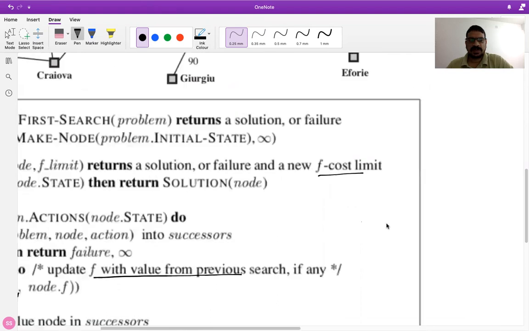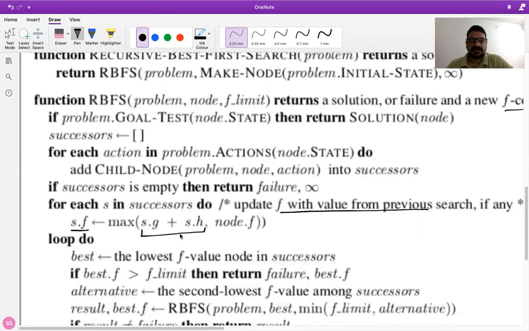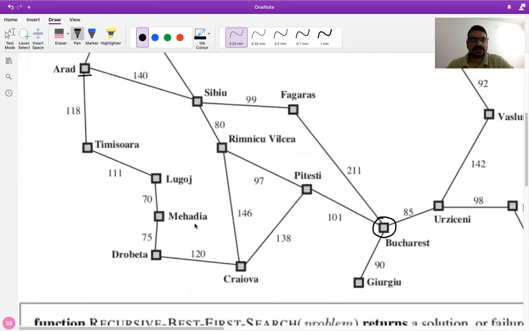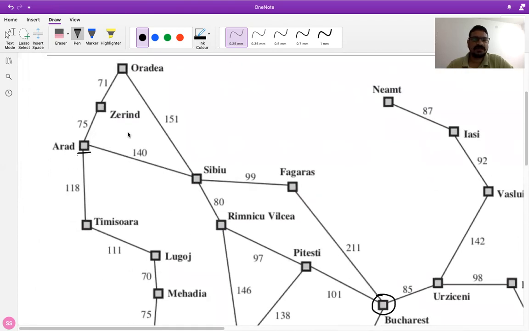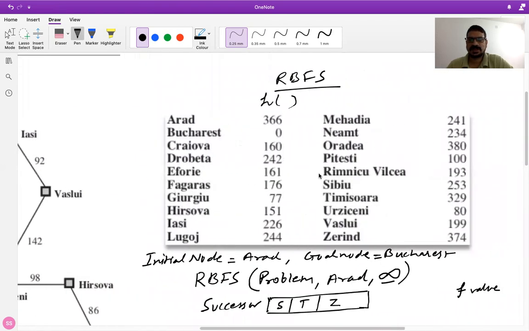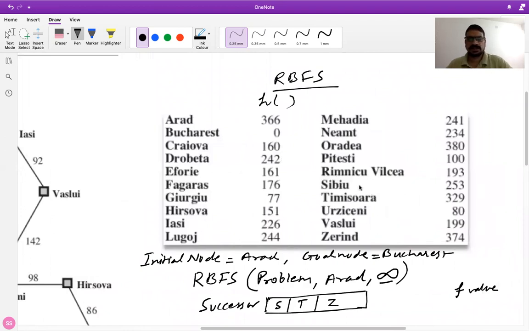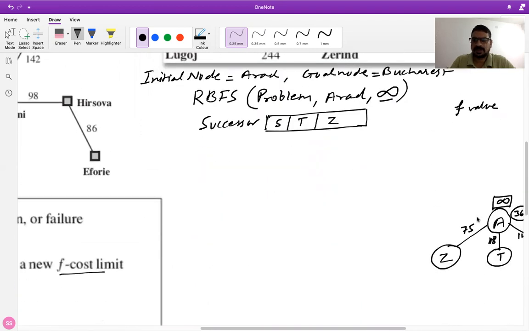Now I have to calculate the f value for each successor. Let's start with Zerind. The f value of the node Arad is 366. The path cost for Zerind is 75, and the heuristic value for Zerind is 374, which is added to the path cost of 75.